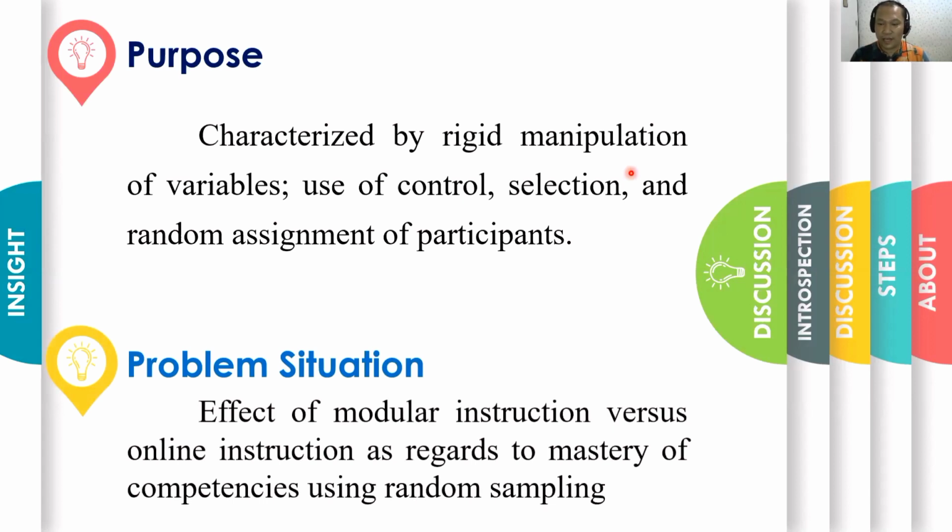Effect of modular instruction versus online instruction as regards to mastery of competency, but this time the participants are selected randomly, meaning we are not going to use purposive sampling. We are going to use random sampling. That's why the design that we are going to use will be the pure experimental research design.